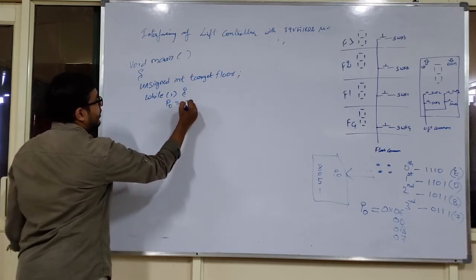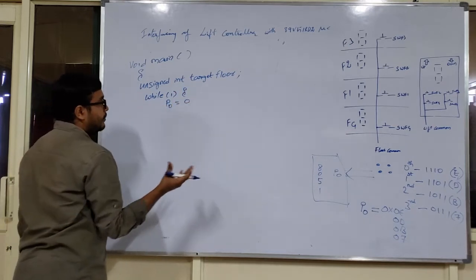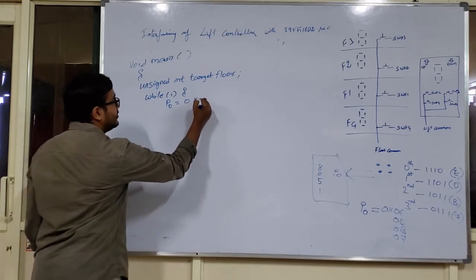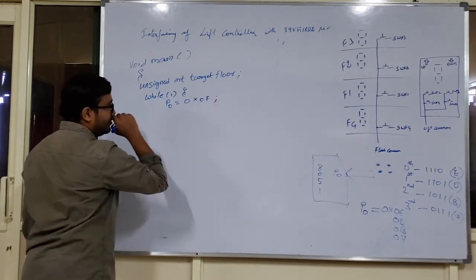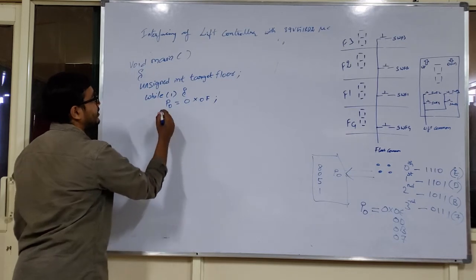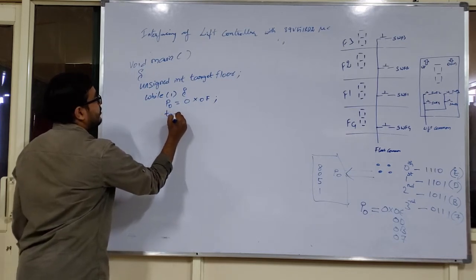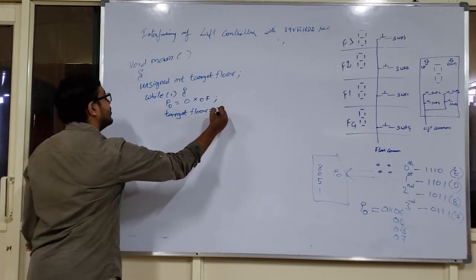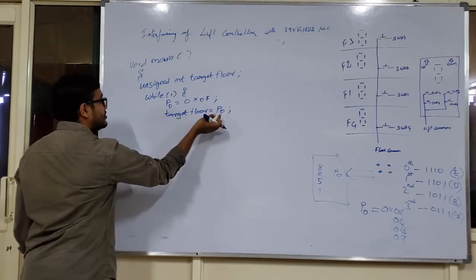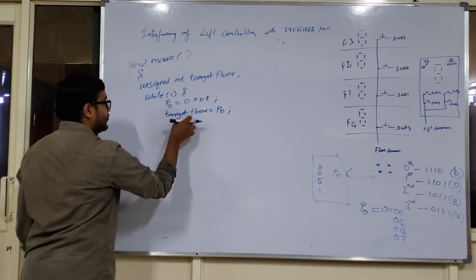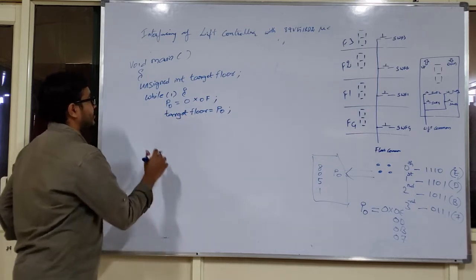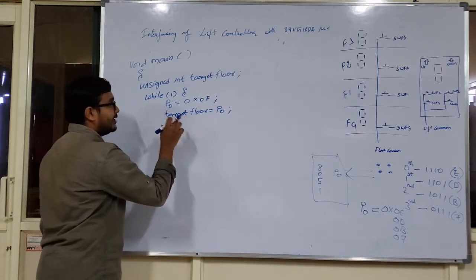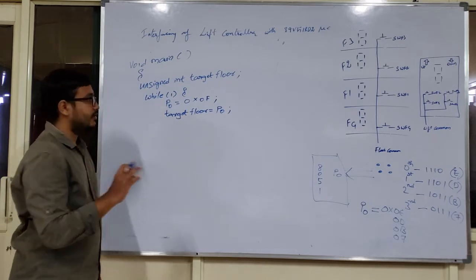So P0, by default, is used for scanning the keypad. 0x0f is the value I have assigned to the P0 port, after which target floor is equal to P0. This 0x0f value will be given to the target floor. Okay, up to here it is okay. Target floor is acting here as an input.